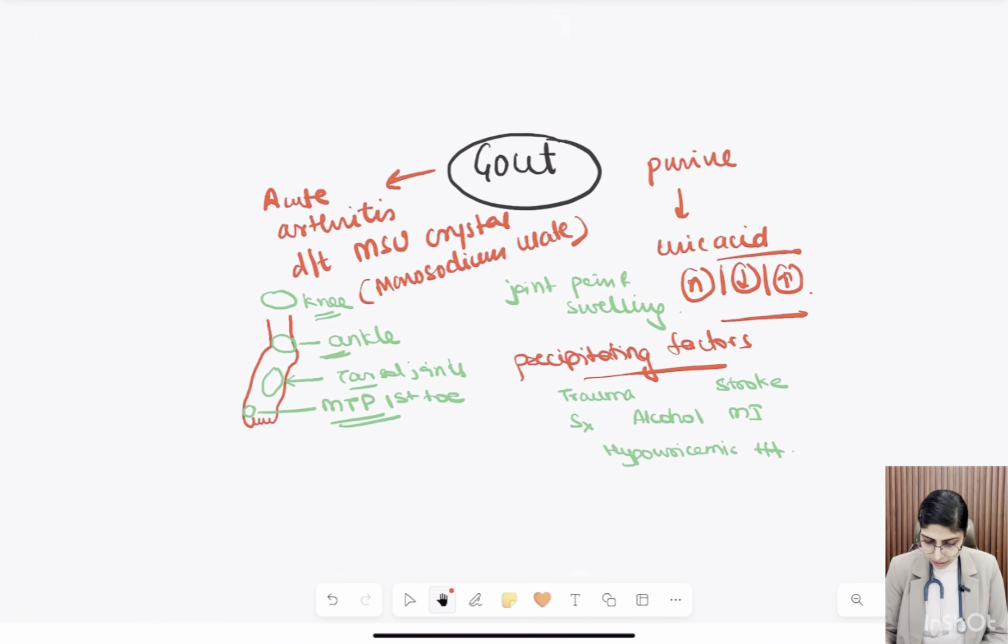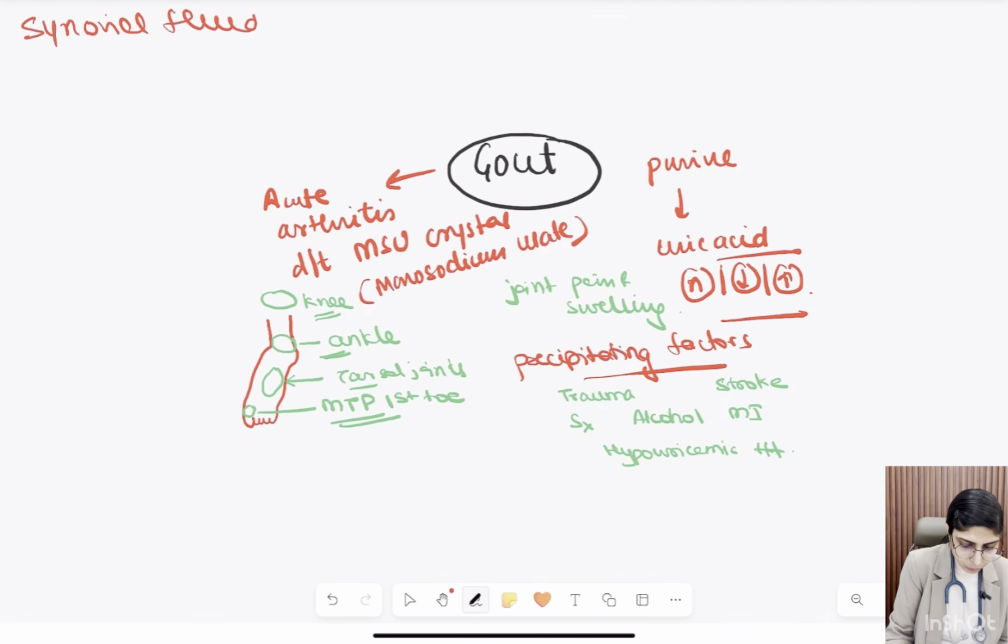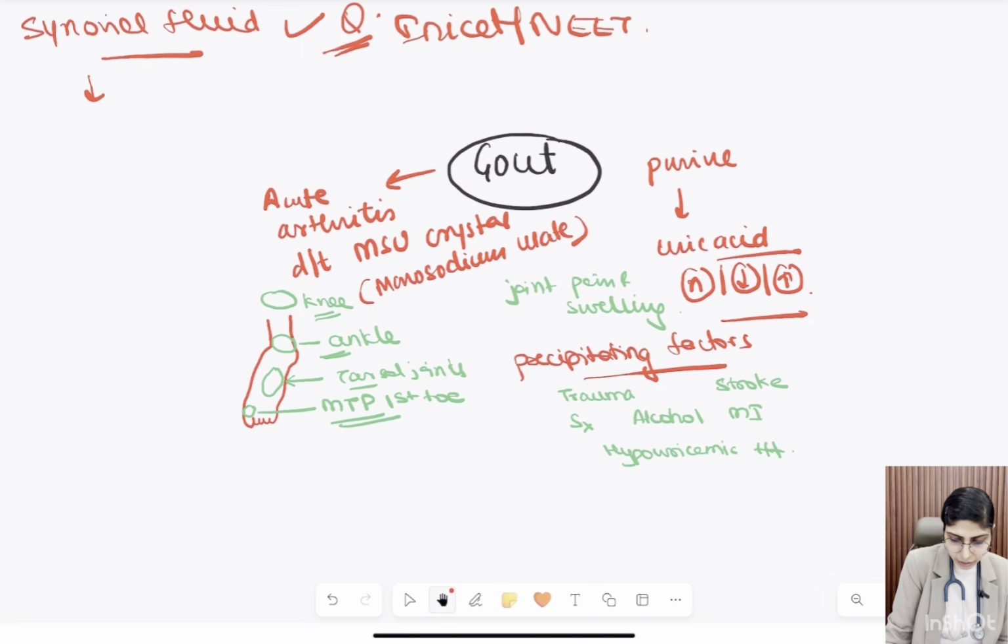Now, if we talk about synovial fluid, what are the findings in the synovial fluid in a patient of gout? This is a question for your INICET or NEET.